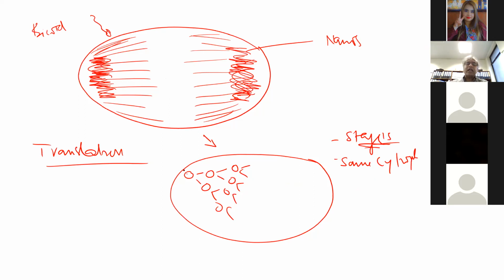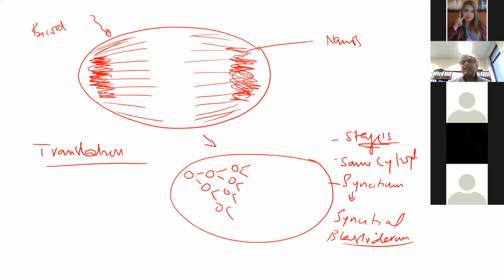And all these nuclei are highly synchronous. They divide together, at the same time. So you can literally see these mitotic divisions. This stage, when all the nuclei are at the same stage and share the same cytoplasm, is called syncytium, or syncytial blastoderm. You remember blastula in there? Syncytial blastoderm.